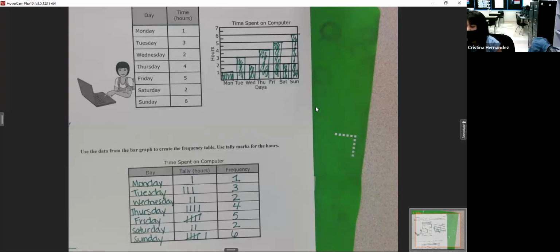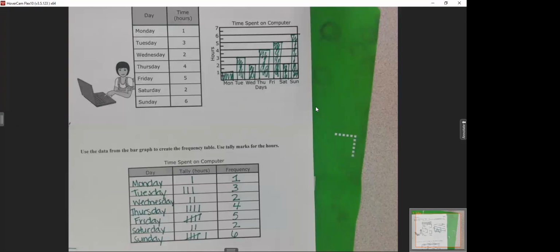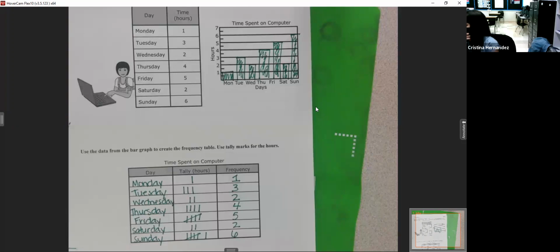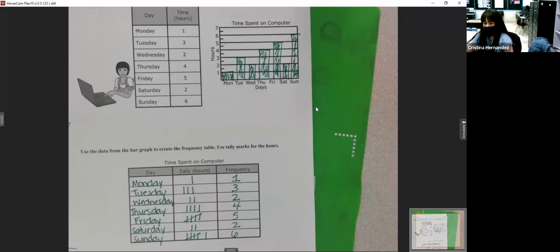Because the most hours she was on is greater than the least hours she was on. What is the difference? So you're gonna subtract the most she watched and then the least she watched.